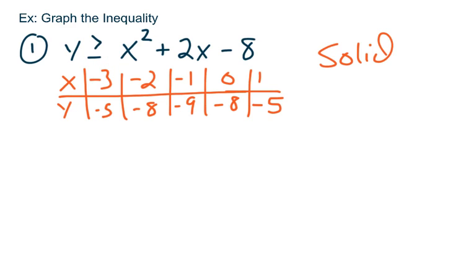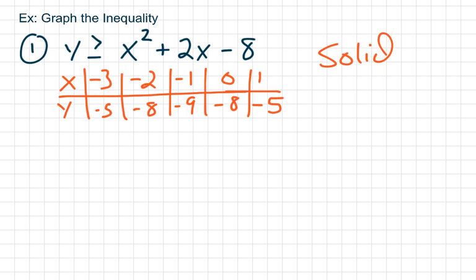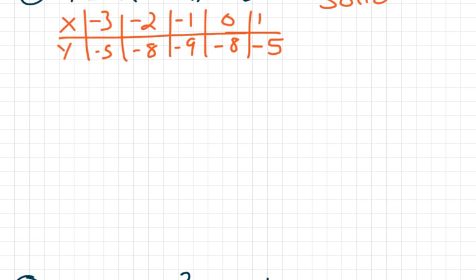When we go ahead and graph, let me bring in some graph paper here. I'm going to have my y-axis there, and my x-axis right there. And we can go ahead and plot these points on the graph. So we've got 0, -8.